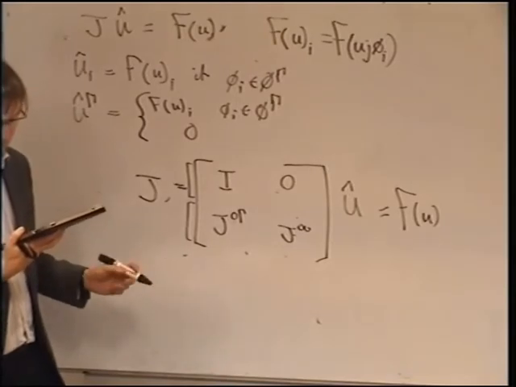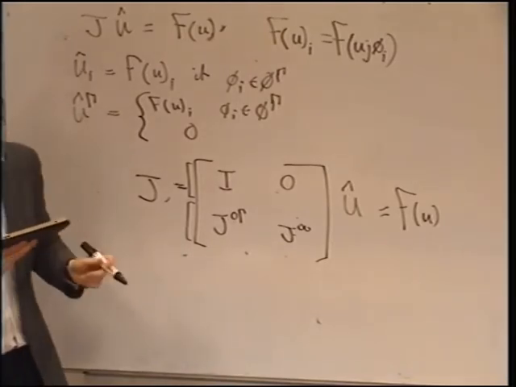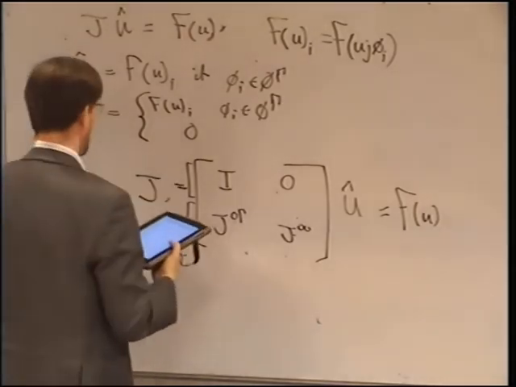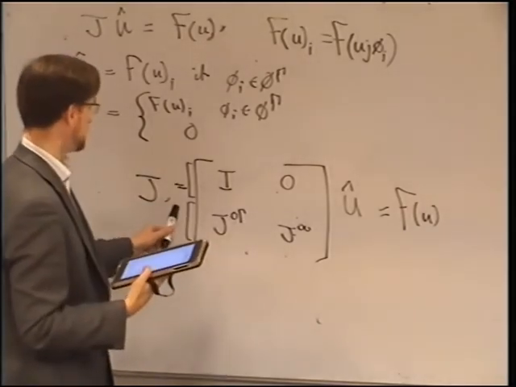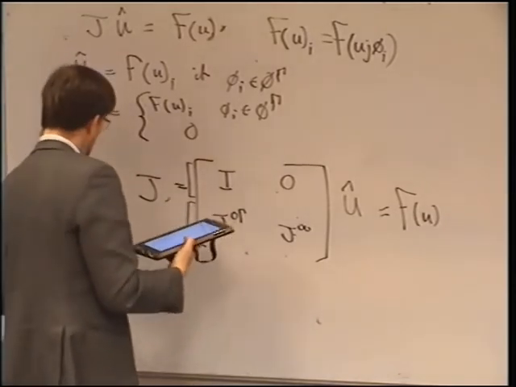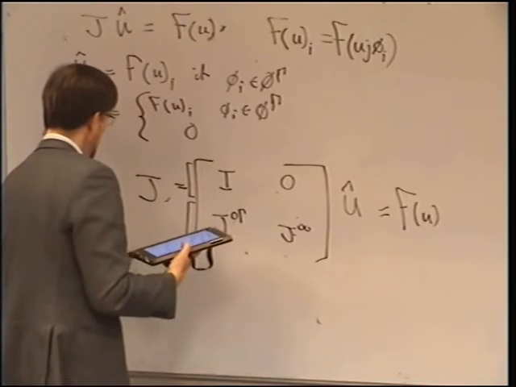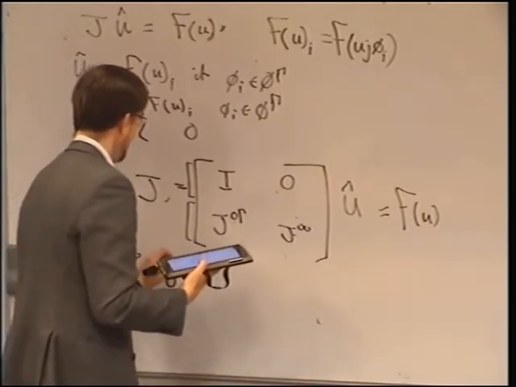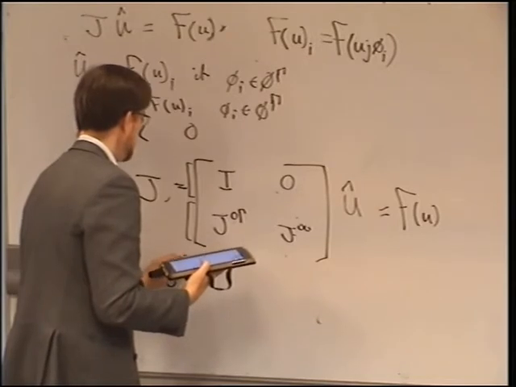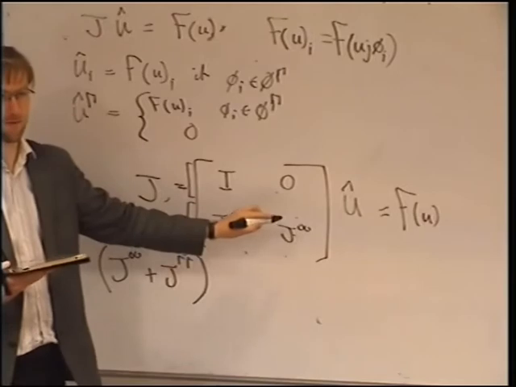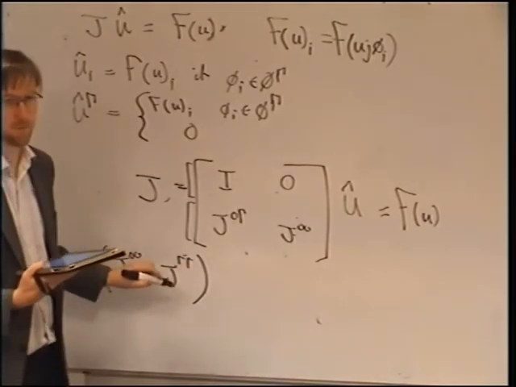So that means I can write my problem as J00 plus J gamma gamma. That's the diagonal blocks, and the off-diagonal blocks of this are 0.